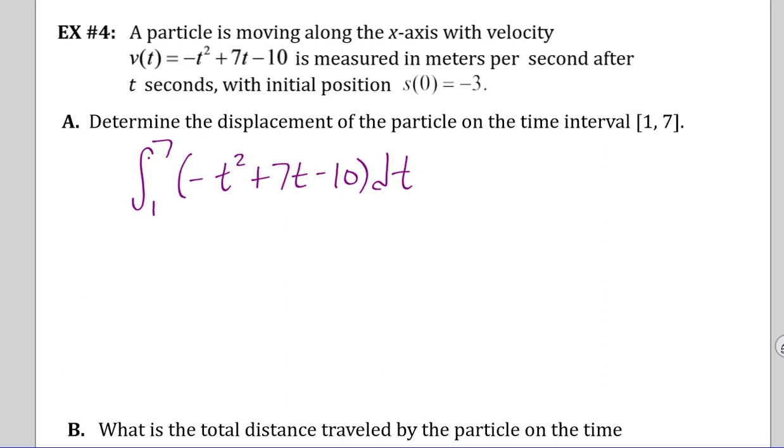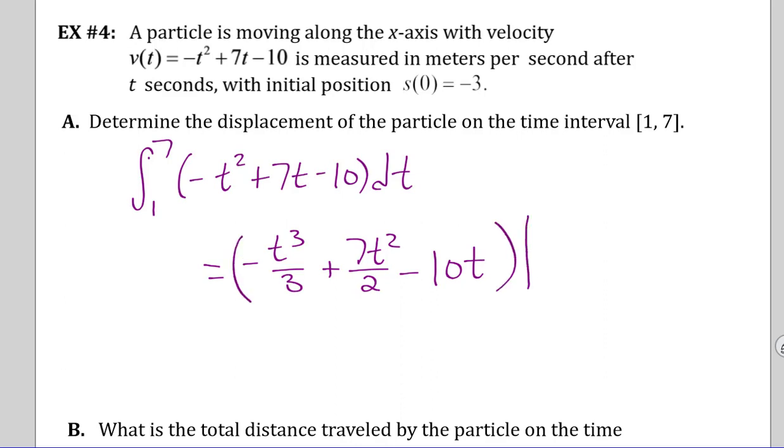Okay, and that's easy enough for us to integrate. We get negative t cubed over 3 plus 7t squared over 2 minus 10t, and we're going to evaluate this from 1 to 7. I'll leave it to you to put it into your calculator. I'll write it out. Of course, we're going to have minus 7 cubed over 3, plus, when we put this 7 in, it's also 7 cubed over 2 minus 70.